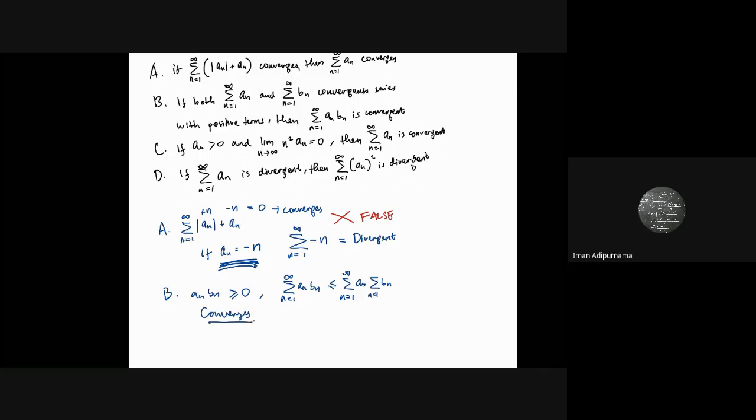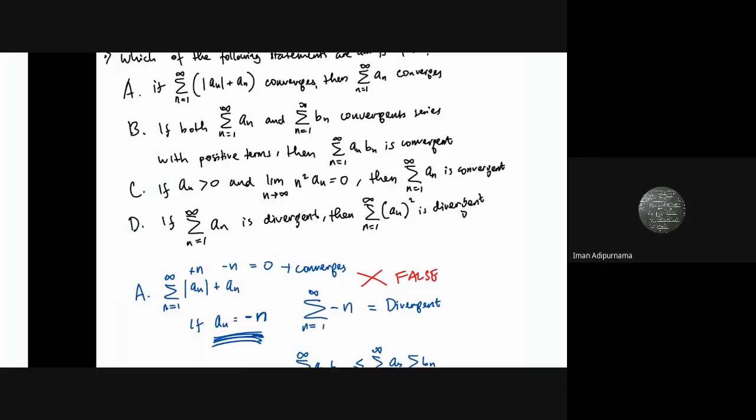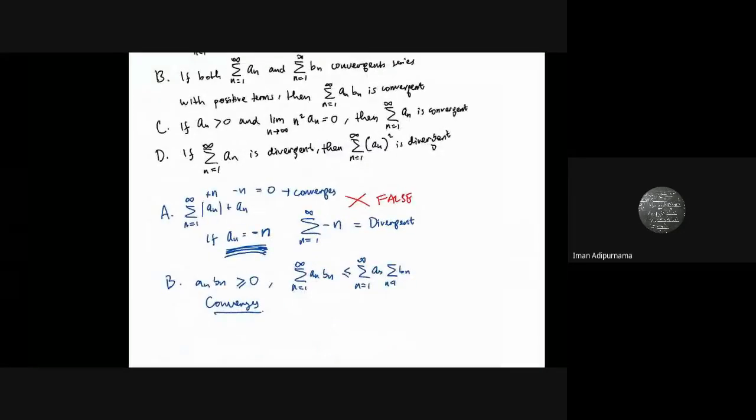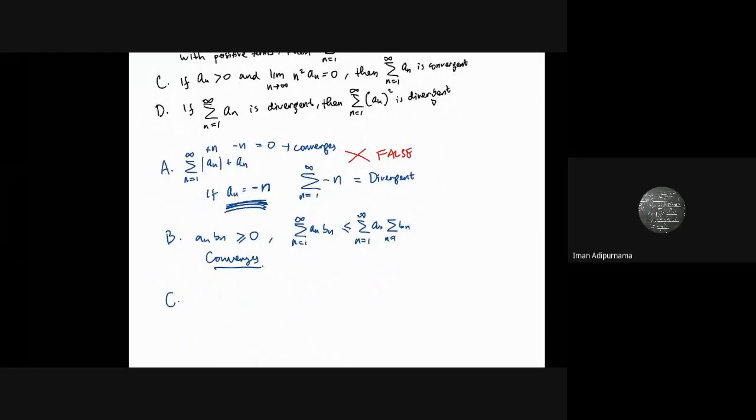How about C and D? If we see option C, let me write the limit. This is actually from the limit comparison test.